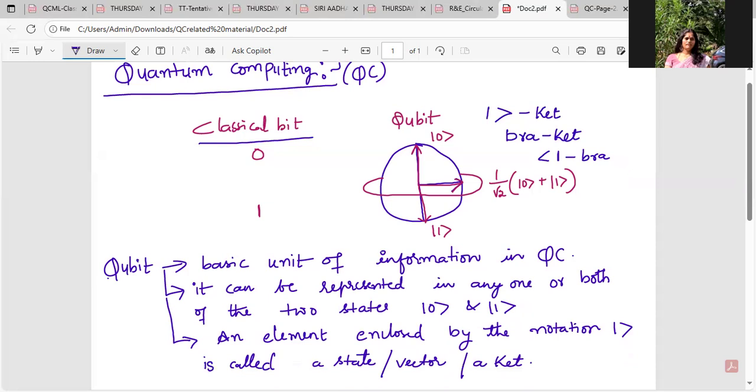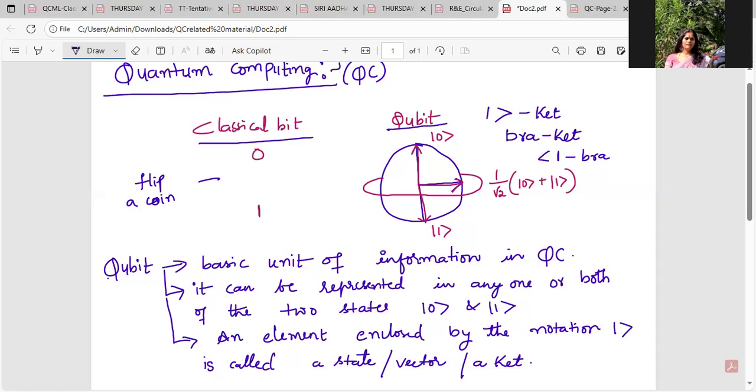Now, any qubit can be represented in any one or both of the states. What's the difference between a classical bit and a qubit? A classical bit is like flipping a coin. In both cases, qubit or classical bit, we are flipping a coin.